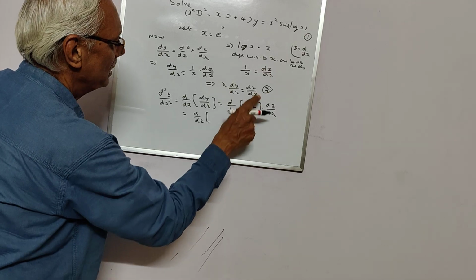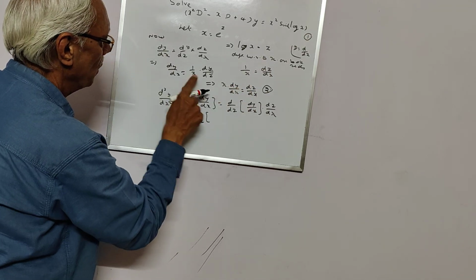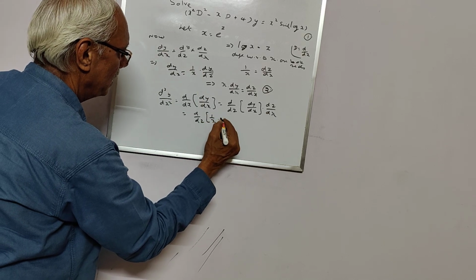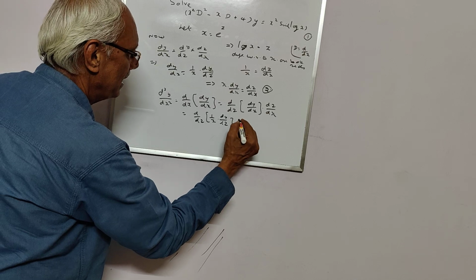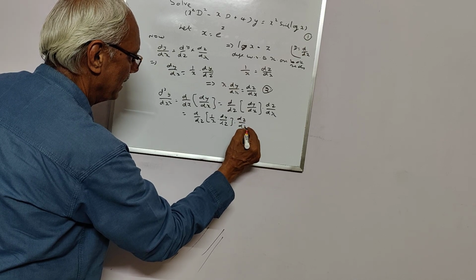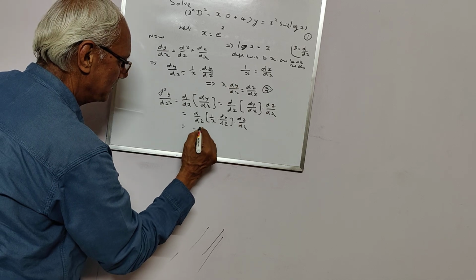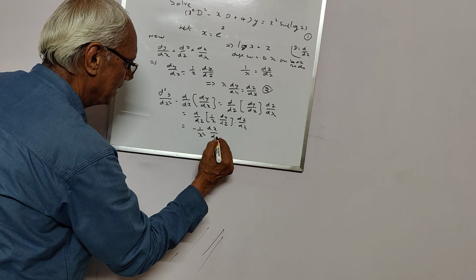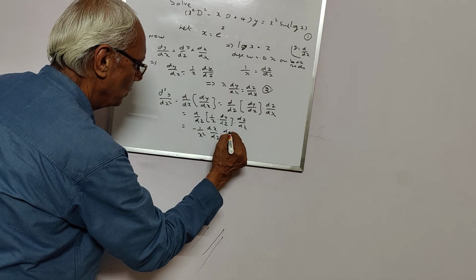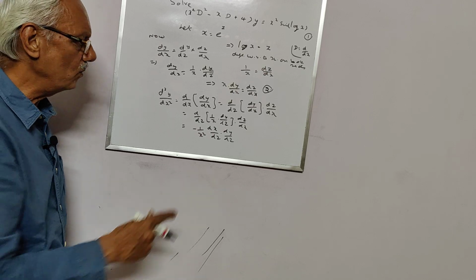What is the dy by dx here? dy by dx is equal to 1 by x into dy by dz. Now differentiate with respect to z. I use the product form.